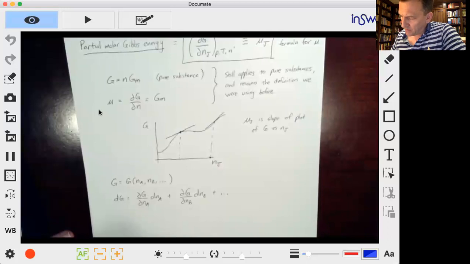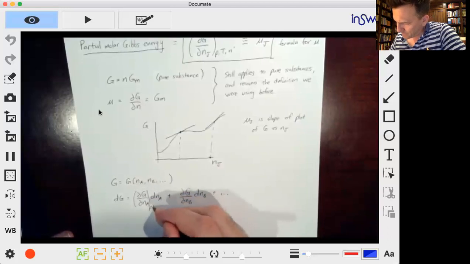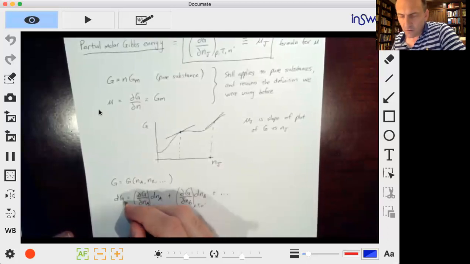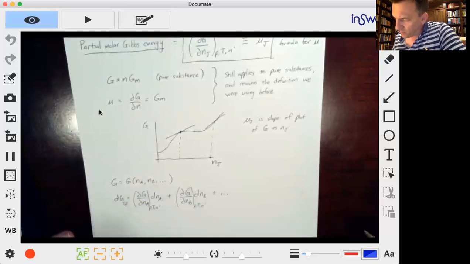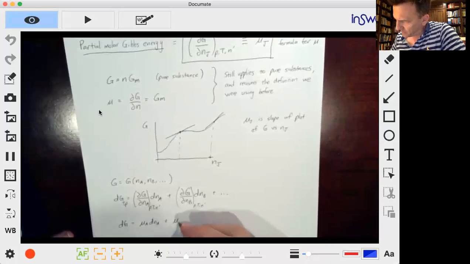And if we take all of these to be at constant pressure and temperature, so I can put that this is at constant temperature and pressure over here also, then we see that we have the definition of chemical potential right here. So we can write dG is equal to the chemical potential of species A, dN_A, plus the chemical potential of species B, dN_B, plus, and so on.